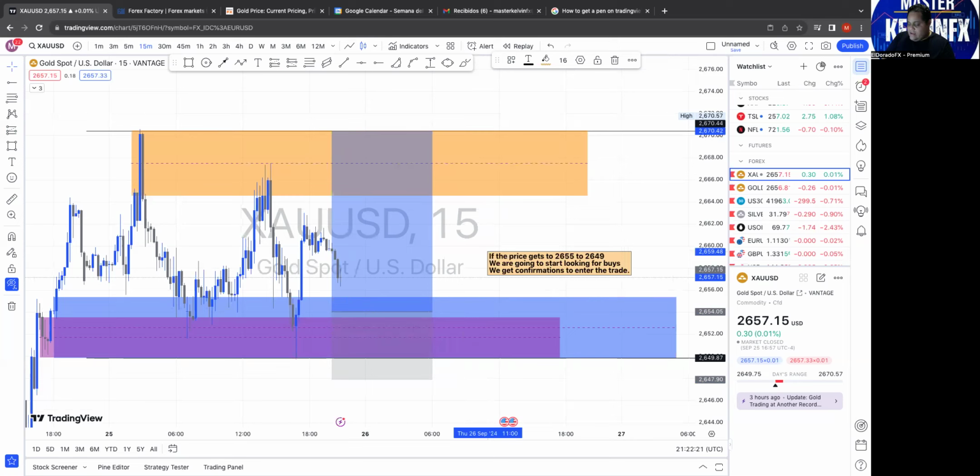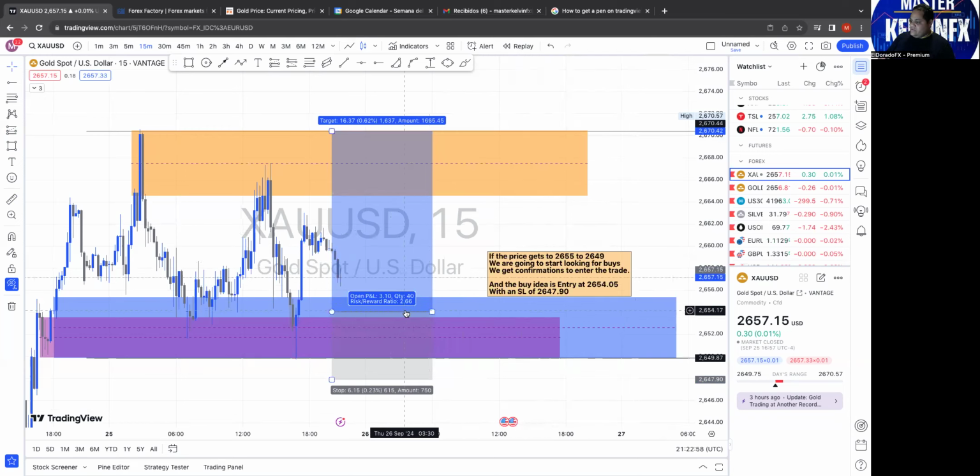All right. And the buy idea is entry at 2,654.05, with an SL of 2,647.90.